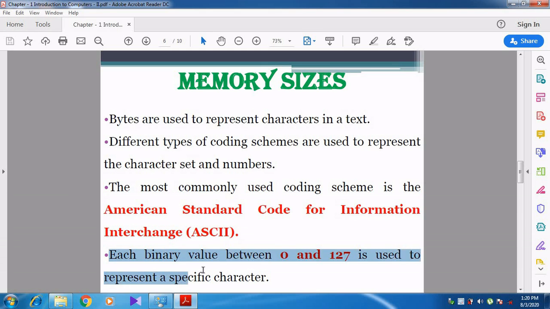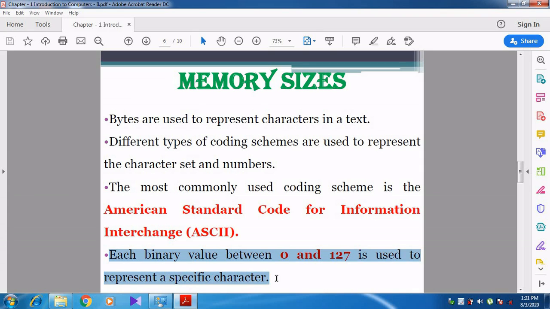Each binary value between 0 and 127 is used to represent a specific character. From 0 to 127, so 0, 1, 2, 3, 4, like that each and every decimal number goes on up to 100, 101, 102, up to 127.